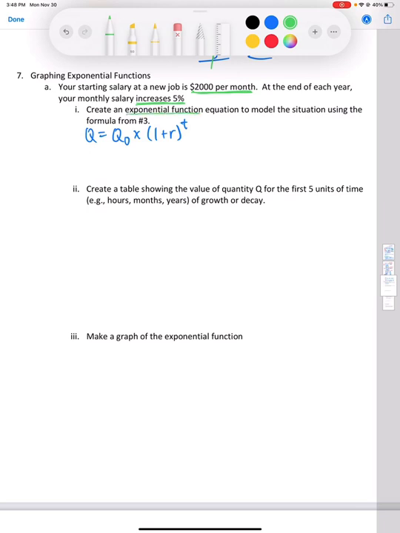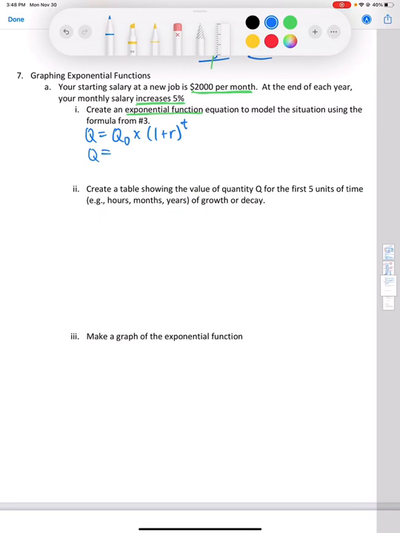That means I'm not going to put in numbers for every variable, because the function will have some constants and then the rest will vary. So Q will vary because that's the quantity, depends on stuff like the time. How long you've been in the job will determine how much your salary is.